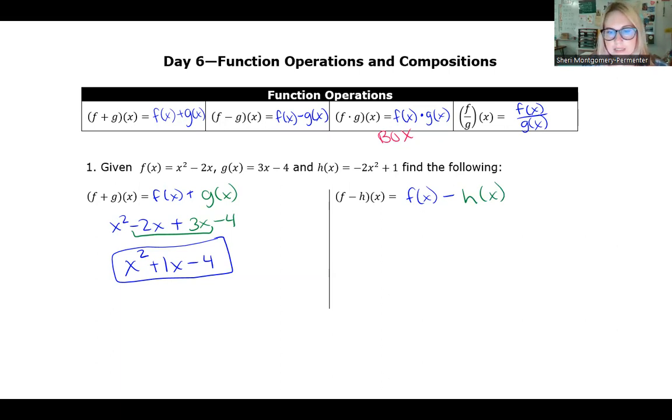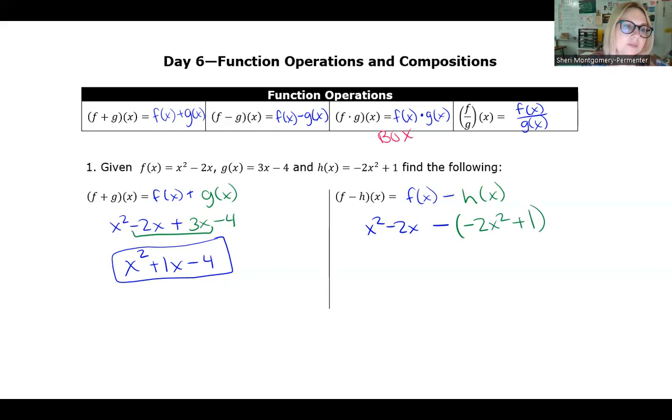F of x is x squared minus 2x minus my h of x. Because I'm subtracting, I have to put it in parentheses. H of x is negative 2x squared plus 1.